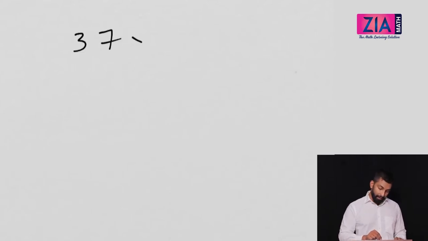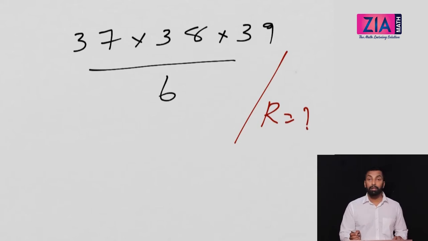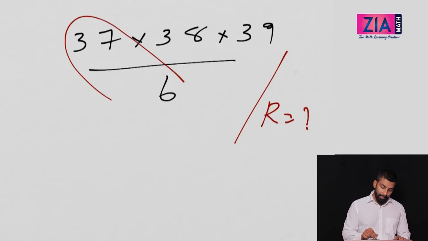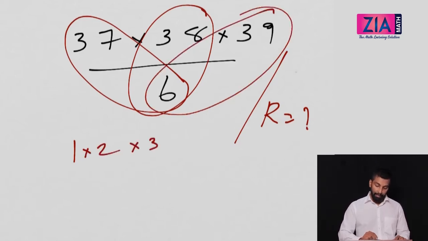Now in the previous video we have seen the basic remainder theorem, right? When you can factorize the numerator, let's take 37 into 38 into 39 divided by 6. If you need to find the remainder, the actual remainder in this case is the product of individual remainders. So you will find these individual remainders. 37 by 6, easy, right? 1. 38 by 6, that is 2. 39 by 6, that is 3, right?